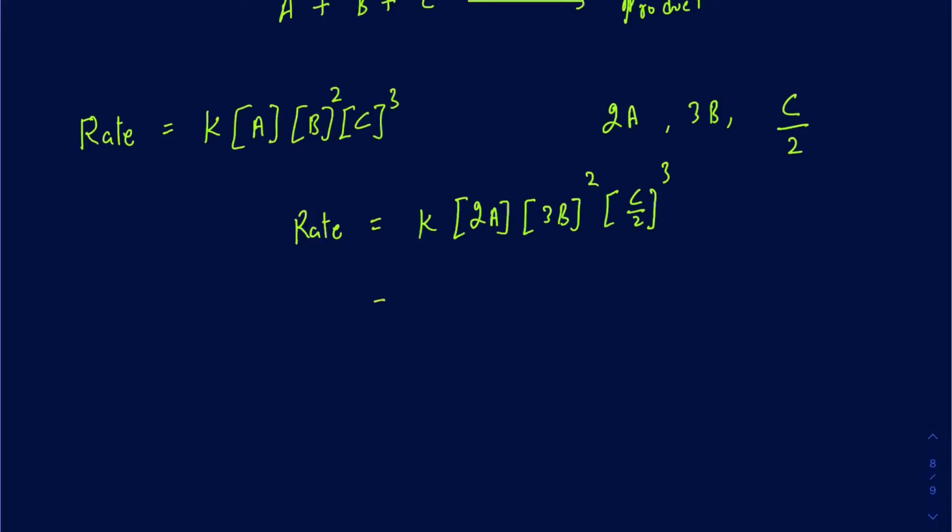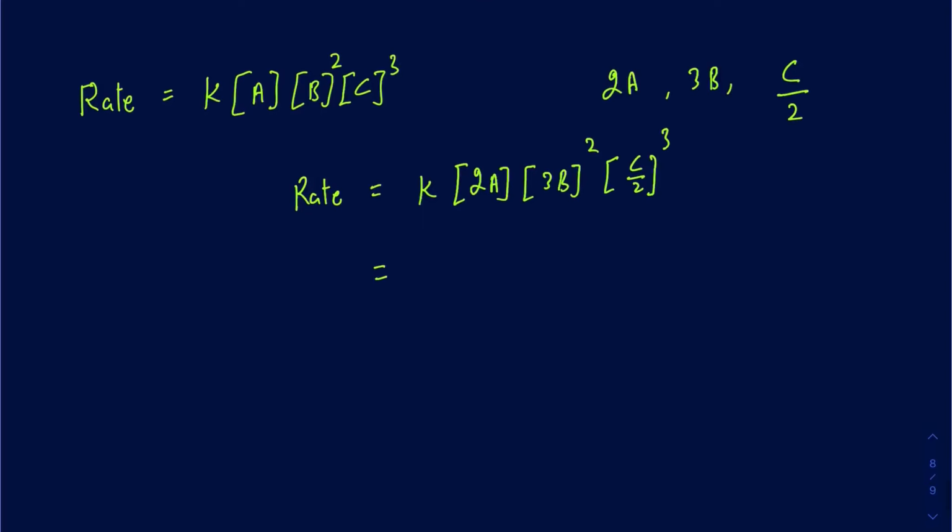The easiest way to do this problem is to figure out what those numbers are going to end up at the end of the day and leave the A, B, C as they are. So I'll just take that out. It's going to be 2 times k times concentration of A, and what happens to the 3 that's in front of B?